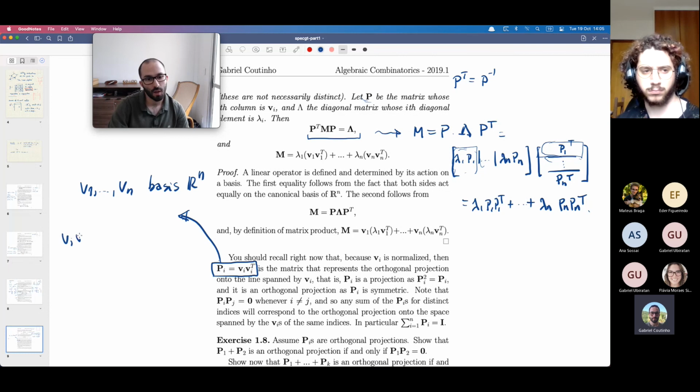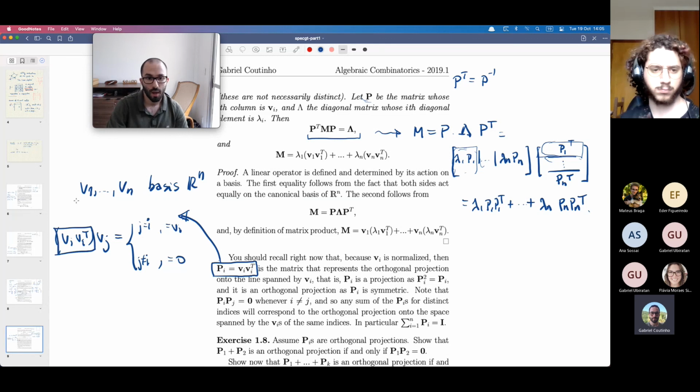If I take Vi transpose and I multiply this by Vj, if j is equal to i, then Vi transpose Vi is 1, and the result is Vi. And if j is different than i, Vi transpose Vj is 0, and the result is 0. So this matrix, acting on this basis, maps everyone to 0 except the vector Vi.